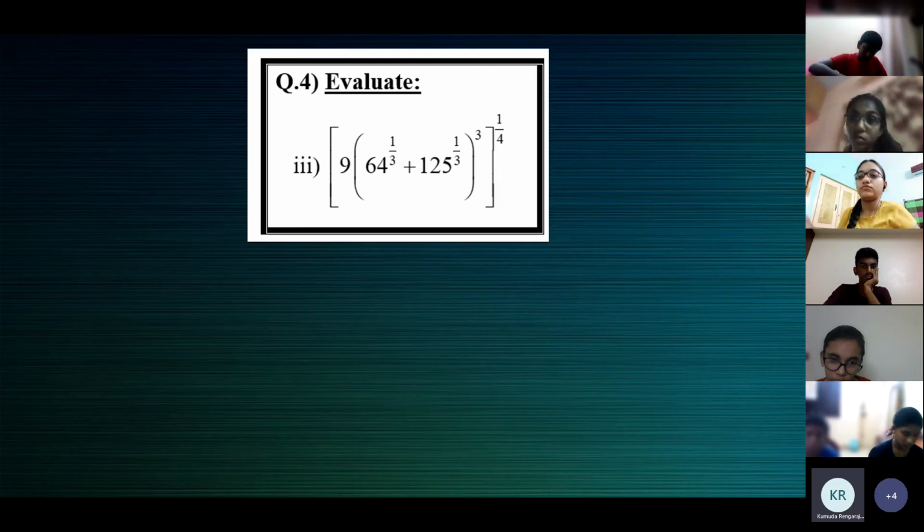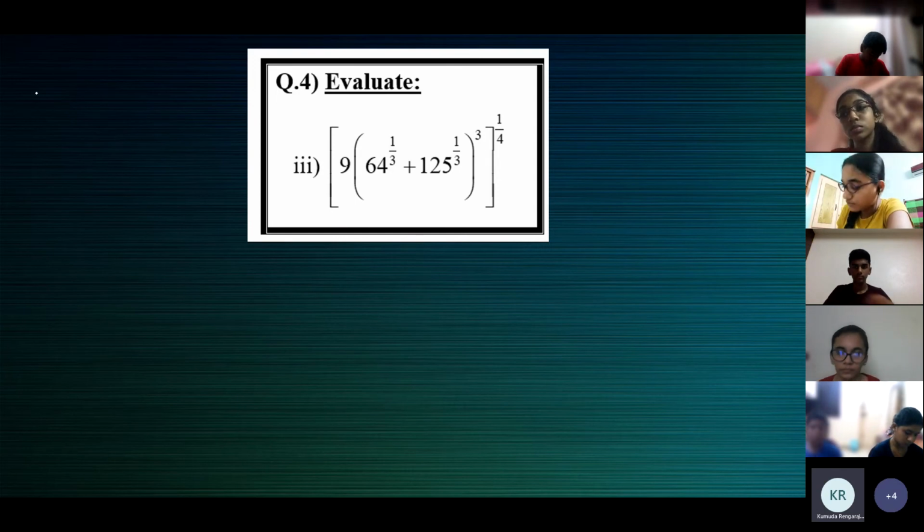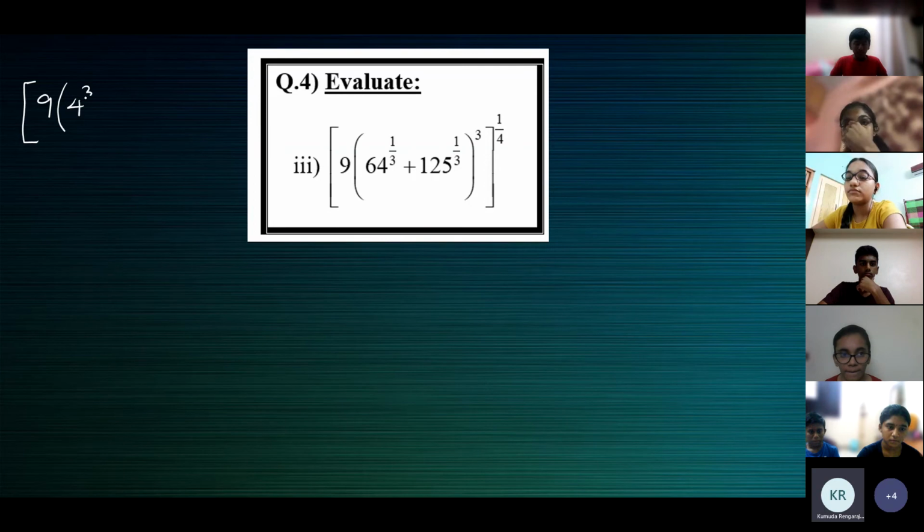Right, children. This is a similar one. So see here, open the square bracket. Please listen to me, children. Don't try to do it on your own. So open the square bracket. 64 is what, children? 64 can be written as 4 to the power 3, into 1 by 3.